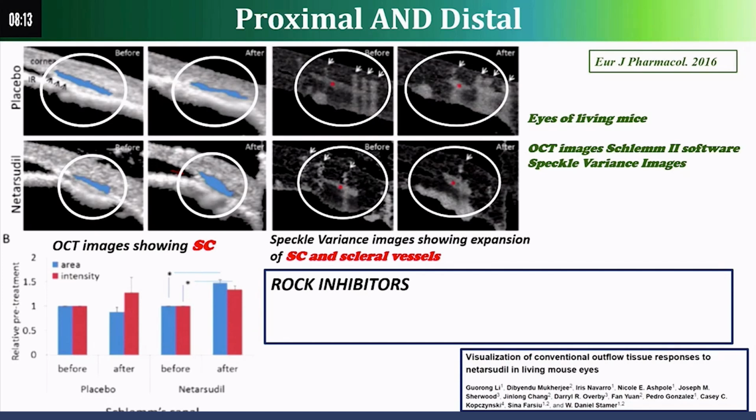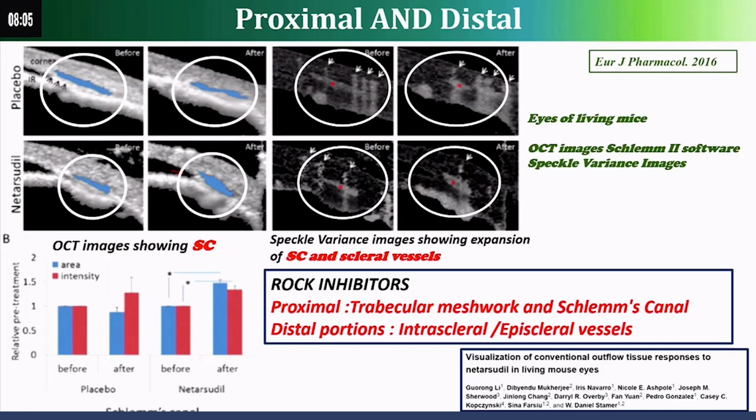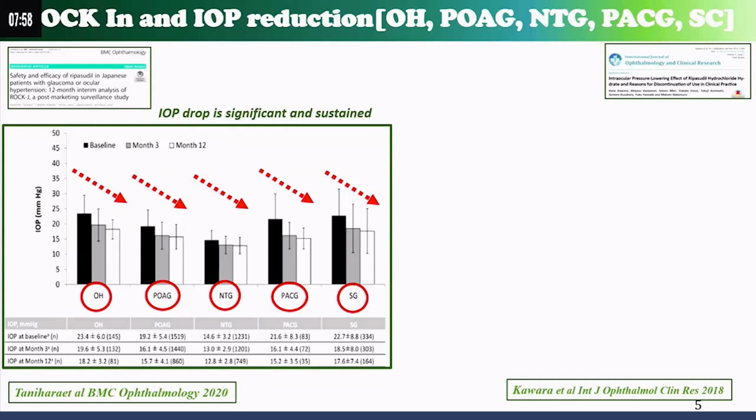So two things are happening. A, there is an effect on the proximal pathway, that is the trabecular meshwork and the Schlemm canal. And B, there is an effect in the distal pathway, that is the intrascleral and the episcleral vessels.